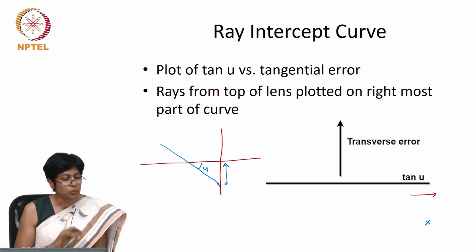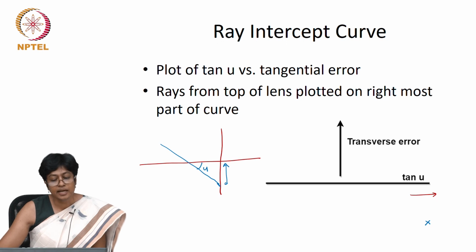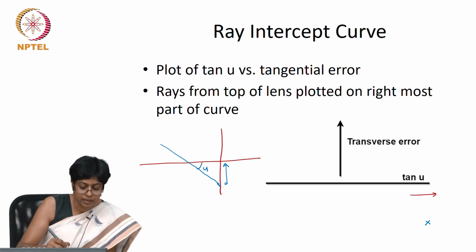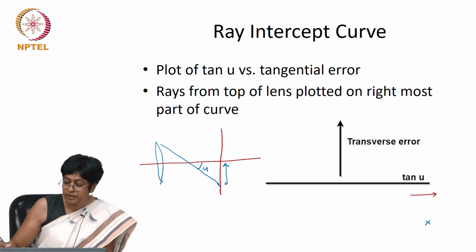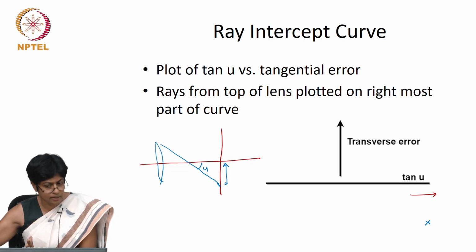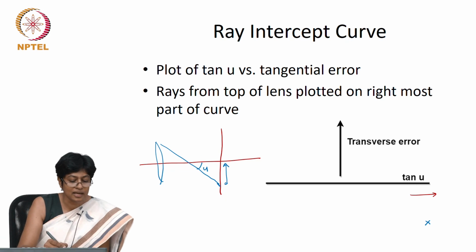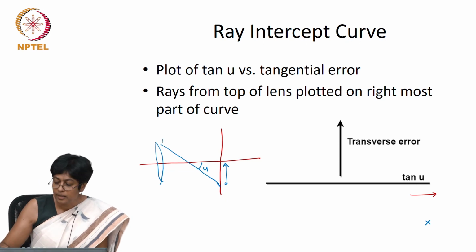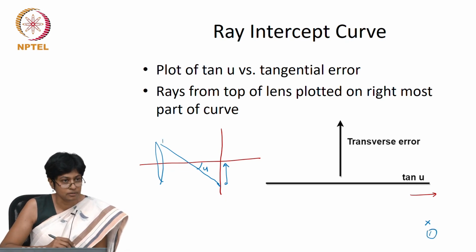The standard way of plotting these curves is that you take the ray, so if this was my optical system, the ray that you plot on the rightmost of this ray intercept curve is the ray coming from here. So this is ray number 1, and that corresponds to this point.